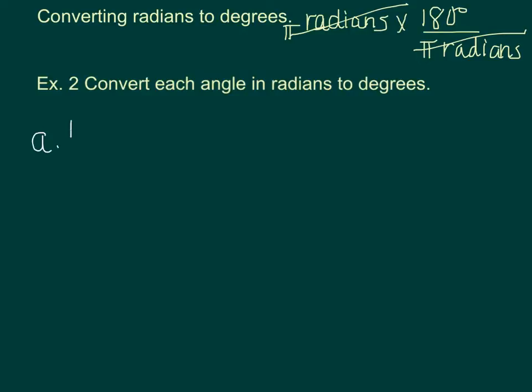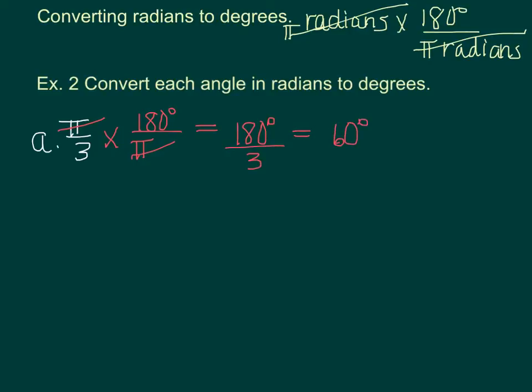So if we had pi over 3 and wanted to convert it to degrees, you would multiply by 180 degrees over pi. You don't have to write the word radians if they don't write it. You'll get 180 degrees divided by 3, which comes out to be 60 degrees.